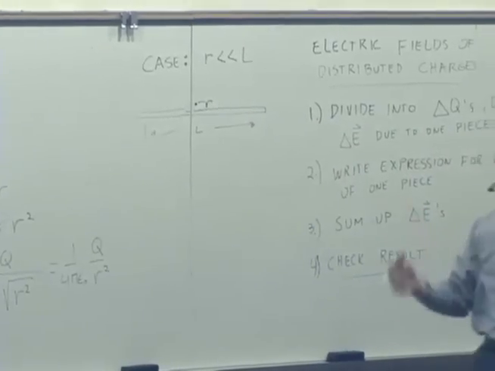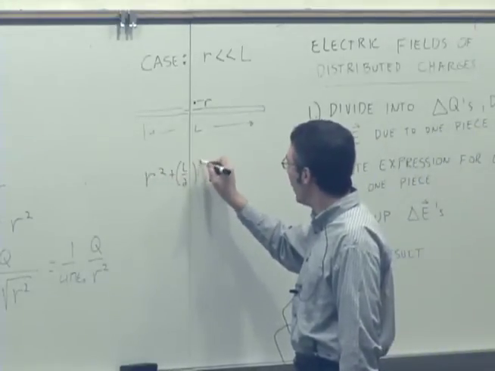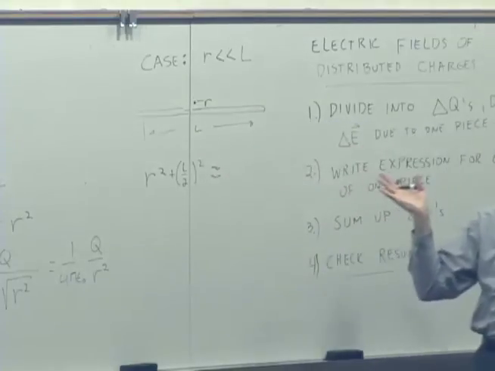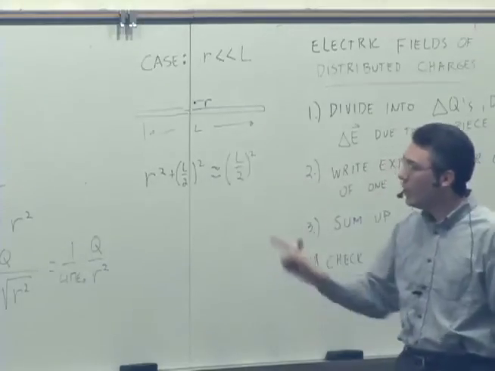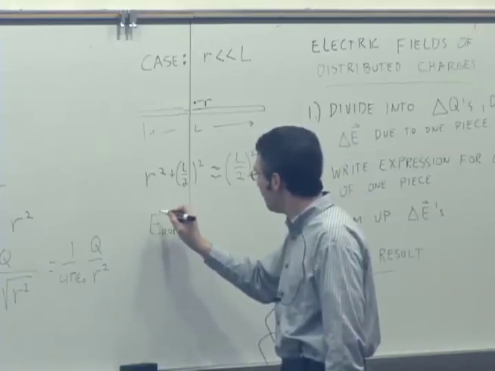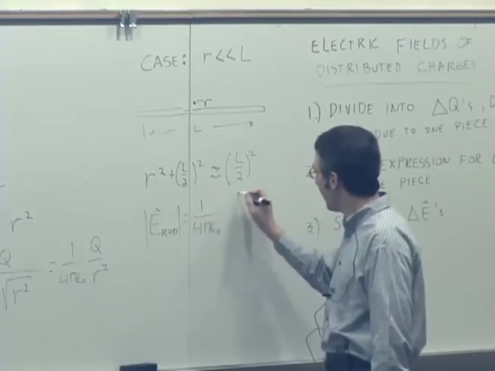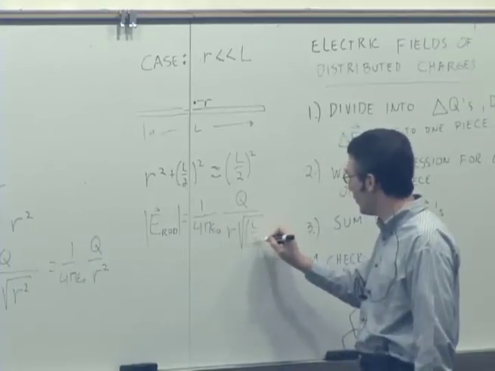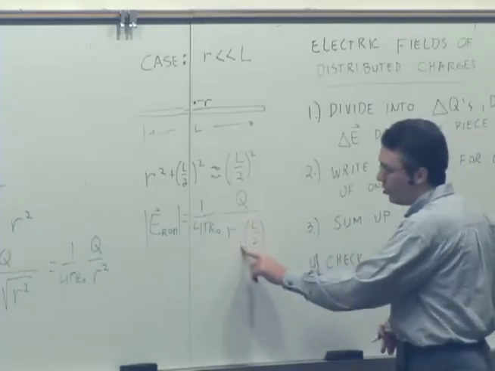Well, let's just plug it in and see what happens. In this case, if r squared plus L over 2 squared, if r is much less than L, then this should be approximately equal to just L over 2 squared. Plug that in, we have the electric field of a rod magnitude is 1 over 4 pi epsilon 0 Q over r times the square root of L over 2 squared, which is just going to give us L over 2 in the denominator.